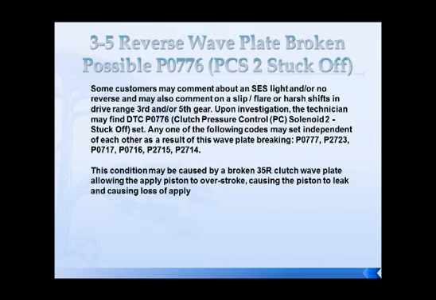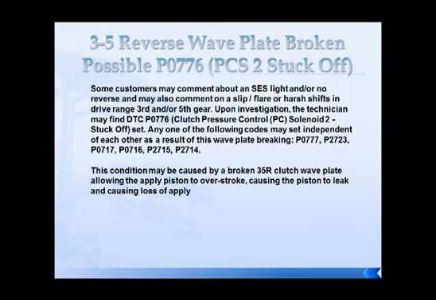3-5 reverse clutch. Wave plate busted, possible 776 code. You could also have some other codes, as you can see, that could be set: 777, 2723, and a whole bunch of others. Bottom line is this is our number one issue we have with 6T70s.